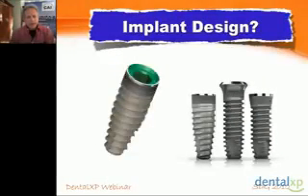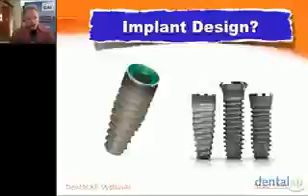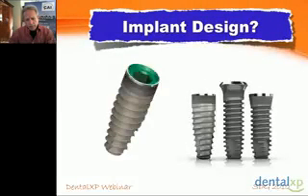So let's talk about implant design for a minute, because does implant design have an impact when we're looking at a receptor site? Of course I believe that it does. And this is universal. It doesn't matter what particular system you're using, but we're going to discuss a couple of unique features of certain implant designs. I'm trying to use my pointer and it doesn't seem to be working, so I apologize.